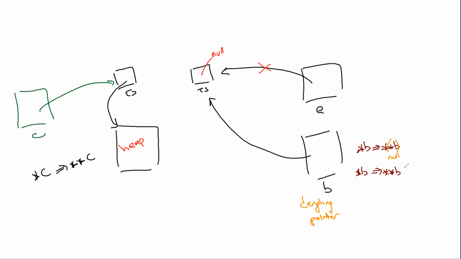So in a sense, by disconnecting the tombstone from the heap, we're allowing ourselves to reuse the heap. Notice that this heap right here is being reused. And it's actually the same heap that was owned once upon a time by A and B. The tombstone itself is still being leaked.